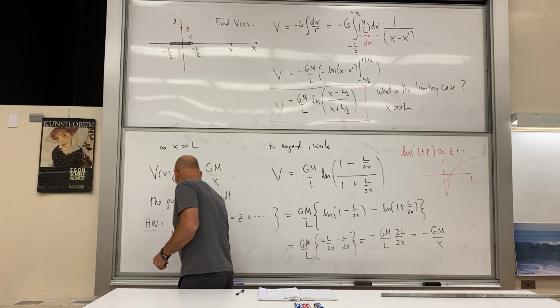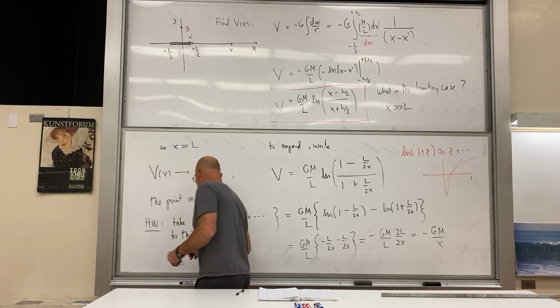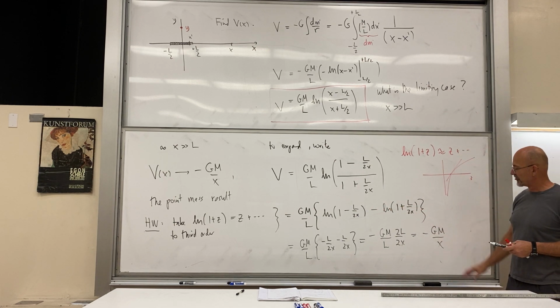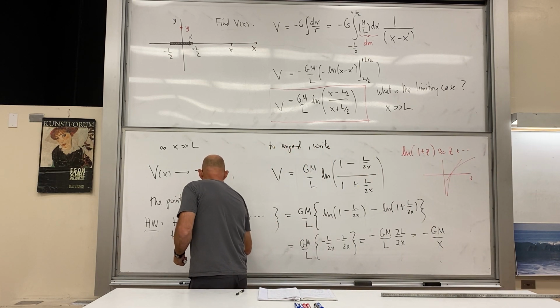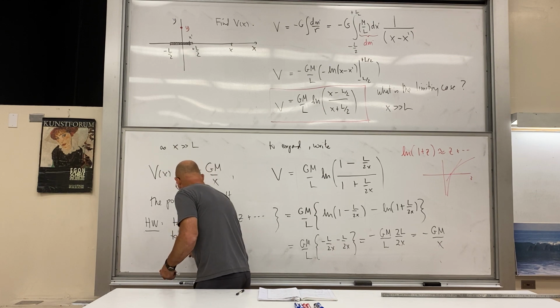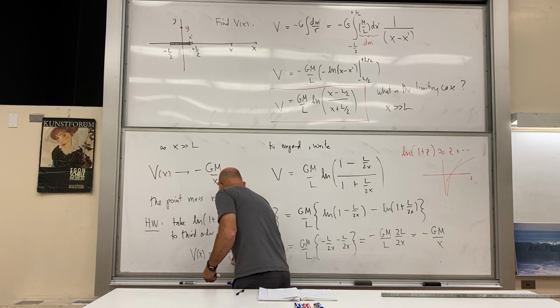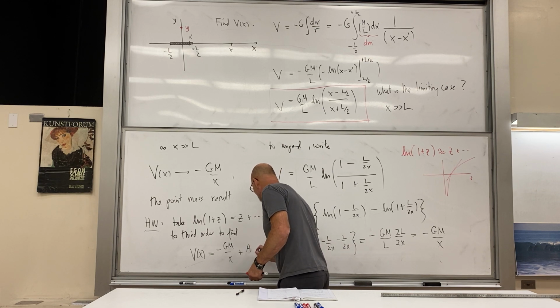Take it to third order and do the expansion here. If you take it to third order, you're going to find v of x equals the minus gm over x, and then you're going to get some constant over x cubed.